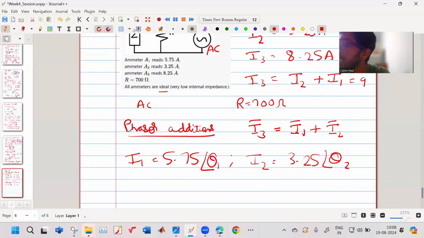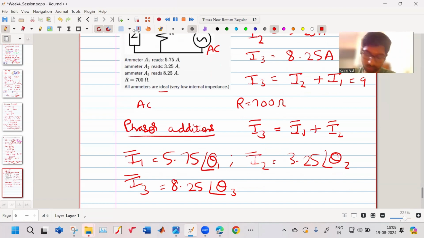And your I3 bar is equal to 8.25 into some angle theta 3. Clear? Any doubts? Now this becomes complicated. How do you know what theta 1, theta 2, and theta 3 are? You don't know. It is a big issue.